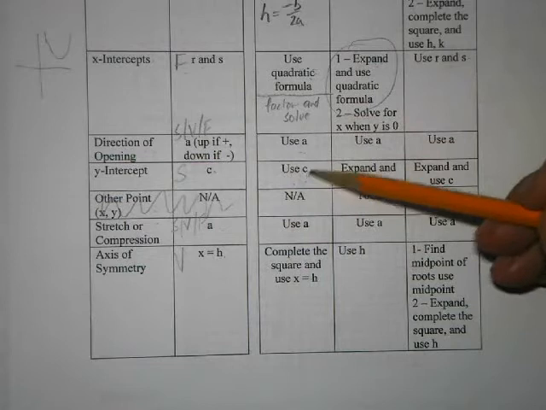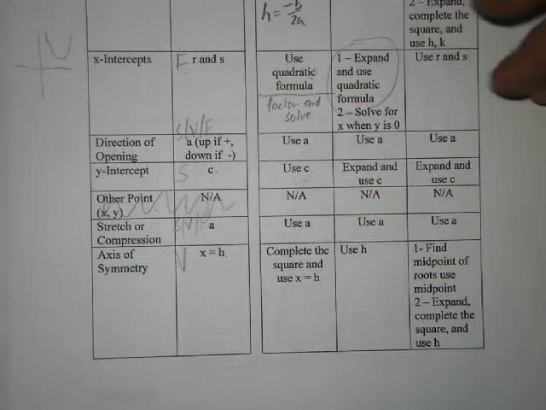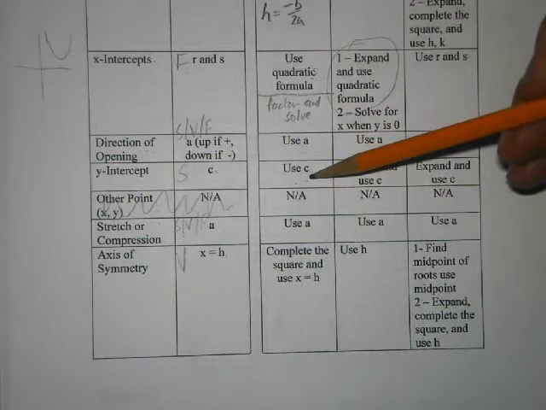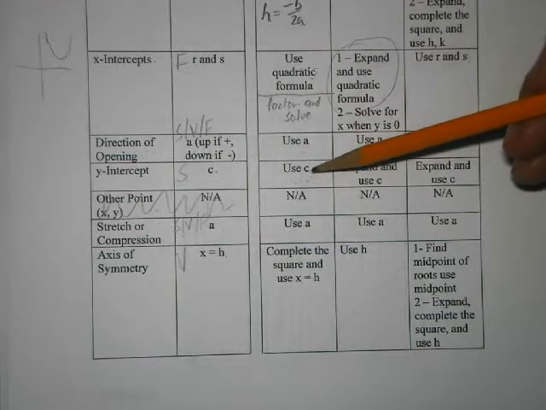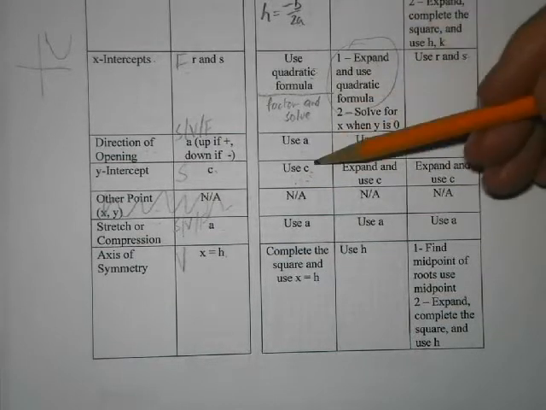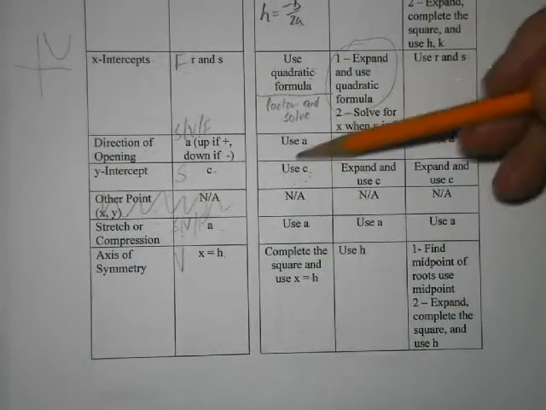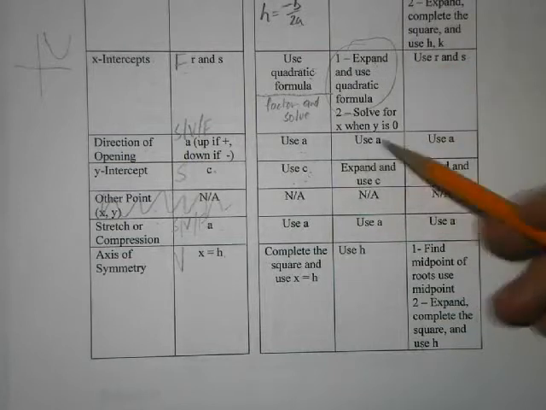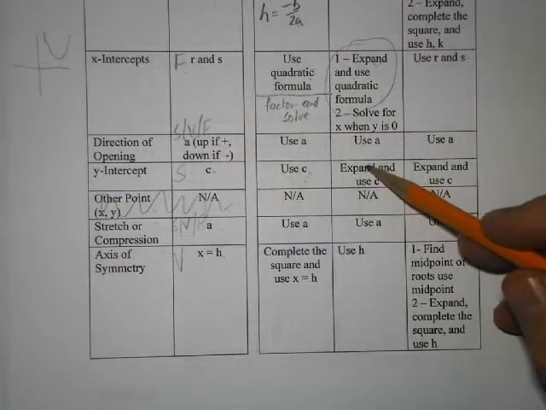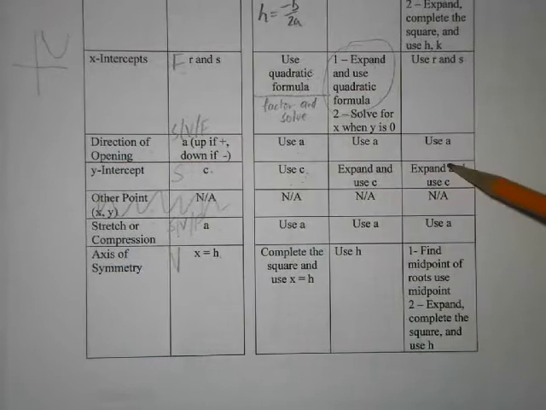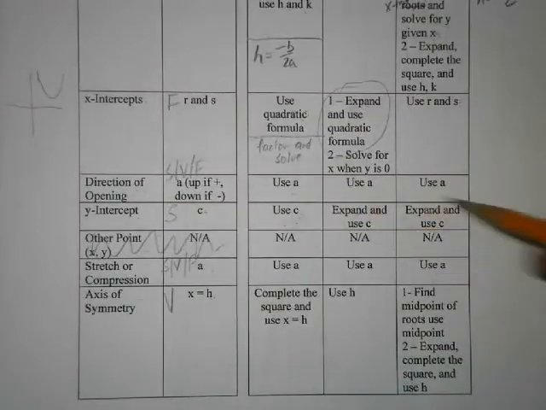So like I said earlier, in the standard form of a quadratic equation, ax squared plus bx plus c, the c is your y-intercept. Okay, so if it's standard form, you can just pick it off. Now, what do you do if it's not in standard form? Well, in both cases, you're going to expand it. If it's in vertex form or factored form, you're going to expand it back to standard form and just use c. Okay.